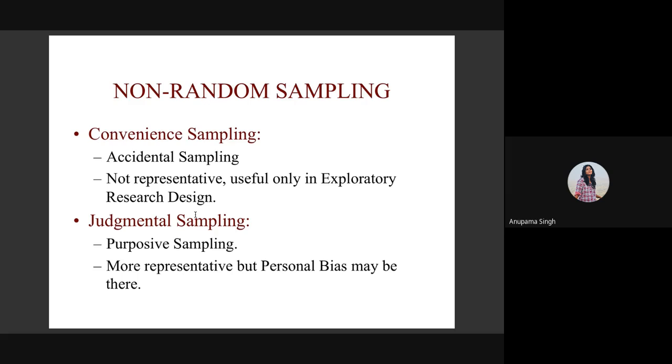Then we have judgmental sampling. So judgmental sampling is also known as purposive sampling because it is based on the judgment of the particular researcher. Right.